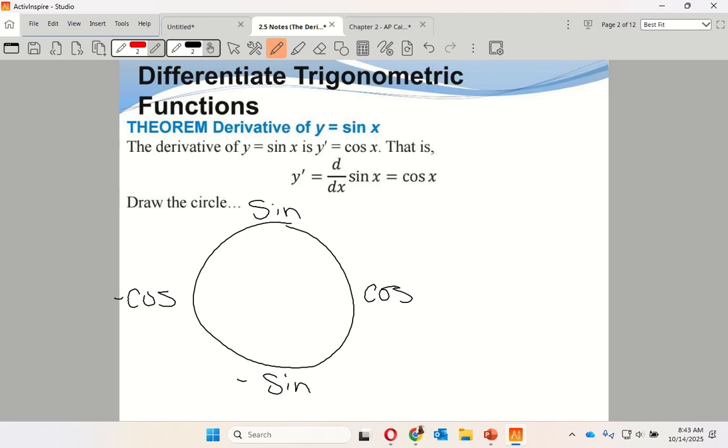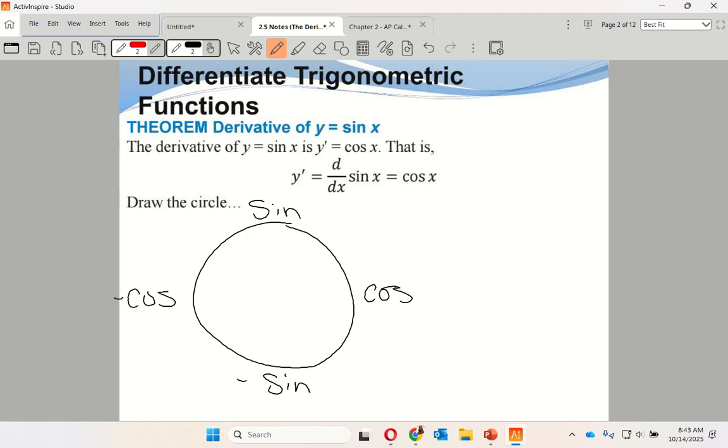If you look at your unit circle all the way to the top, what is on top? Which one is one? Sine. Sine is one on the top. Now go to the right, all the way at 0 radians. Which one is one? Cosine.